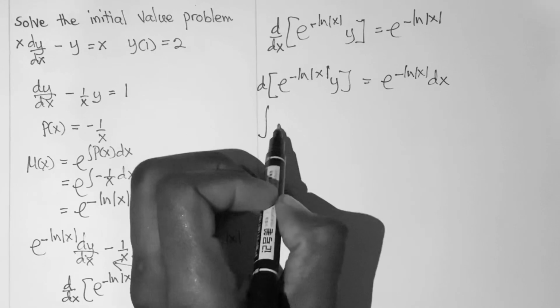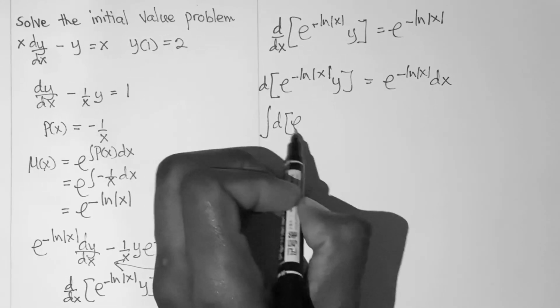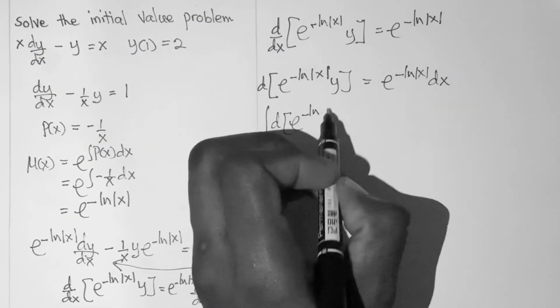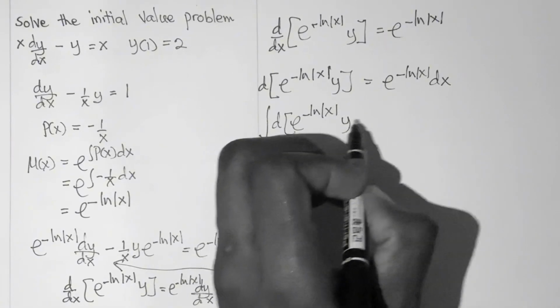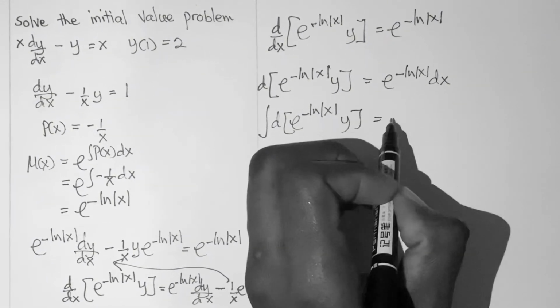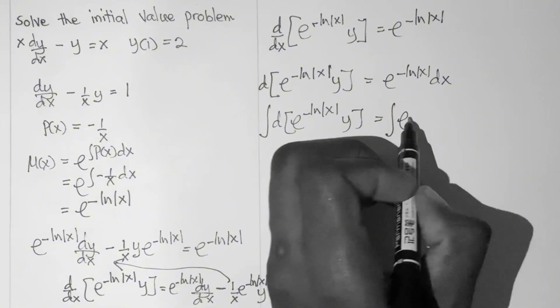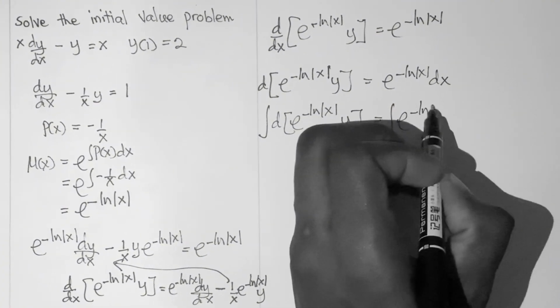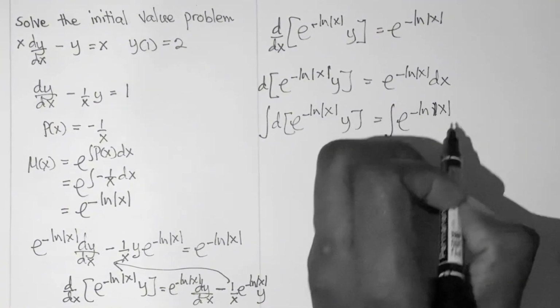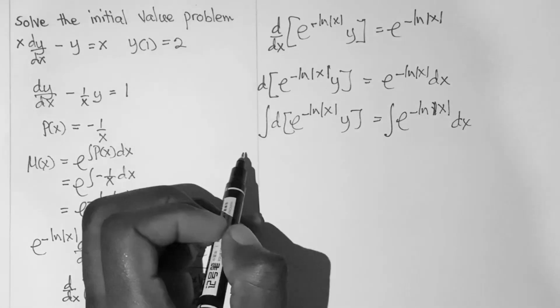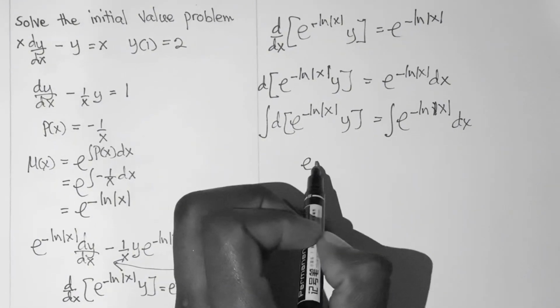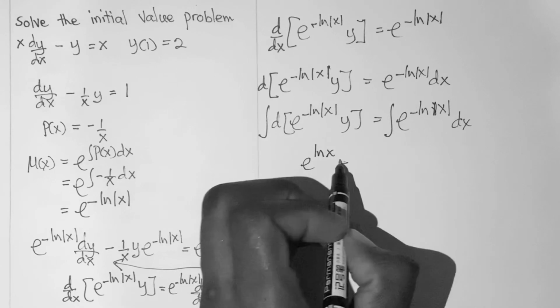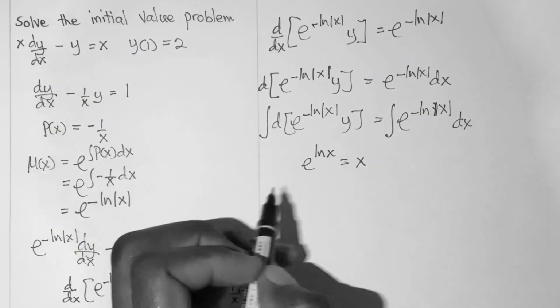So the integral of the derivative of e to the power of minus natural log of the absolute value of x times y is equal to the integral of e to the power of minus natural log of the absolute value of x dx. Now e to the power of natural log of x is the same as x.